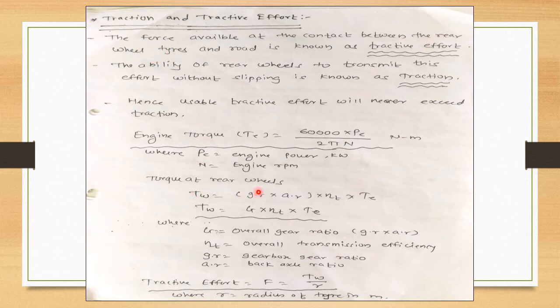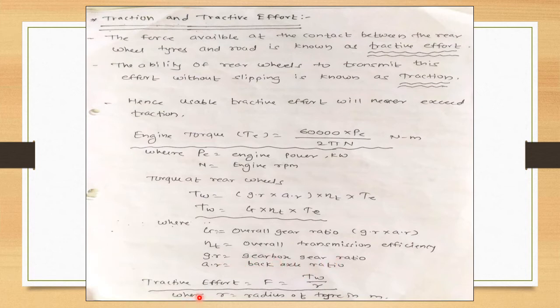Torque at rear wheels TW is equal to GR into AR into eta T into TE. So TW, the torque at rear wheels, is equal to G, the overall gear ratio (gear ratio into axle ratio), into eta T into T. G is the overall gear ratio, eta T is the overall transmission efficiency, GR is the gearbox gear ratio, AR is the axle ratio.